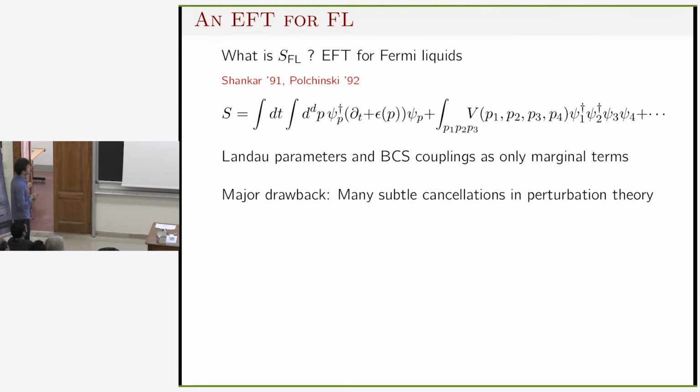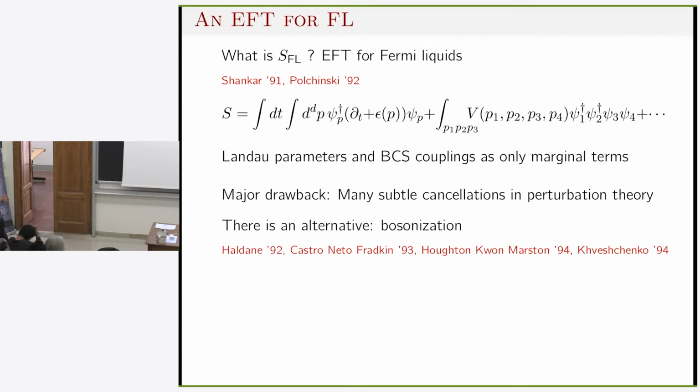Fortunately, there is an alternative called bosonization, which was developed around the same time. I'll tell you how this works. But one issue with these works is that you represent these degrees of freedom in terms of collective bosons, which are particle-hole pairs.